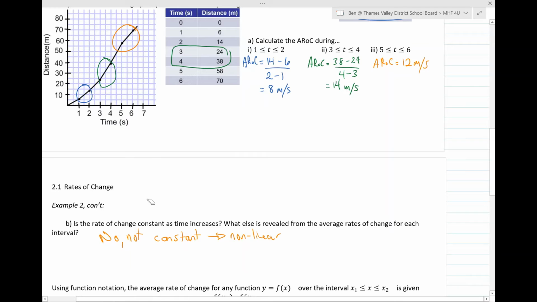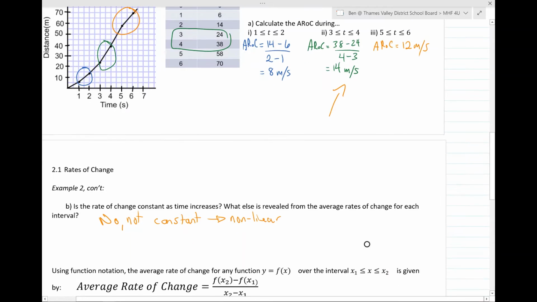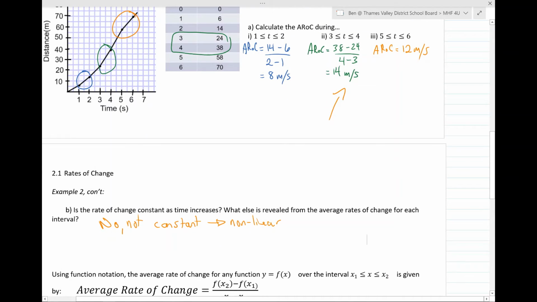It looks like that rate of change is frequently changing. Now, what else is revealed from our average rates of change from this interval? Well, we can see that Usain Bolt was fastest of these 3 intervals between the 3rd and 4th second, between seconds 3 and 4.